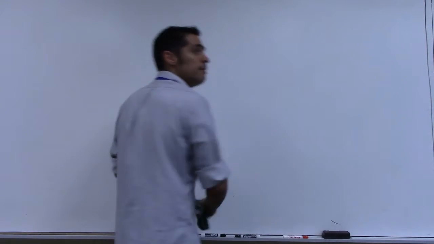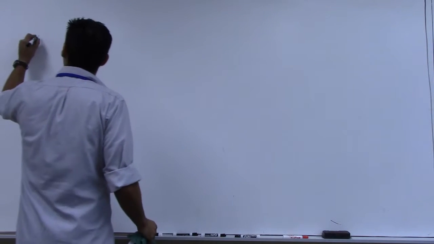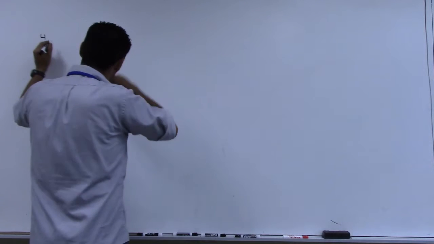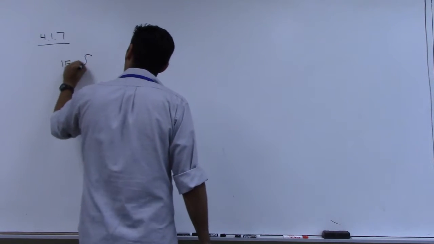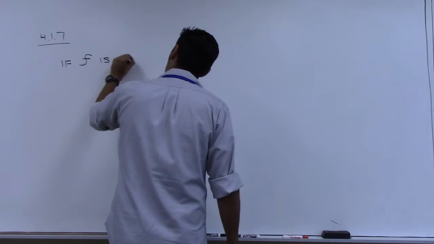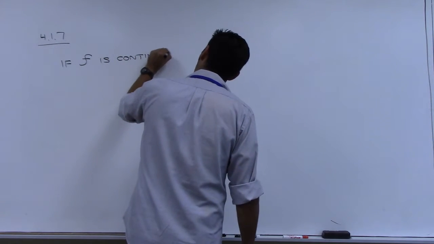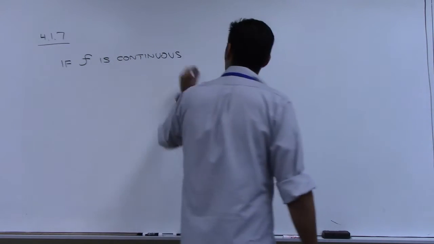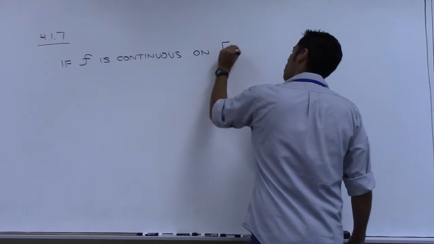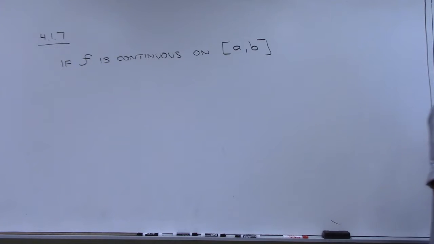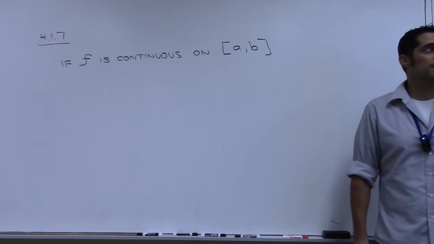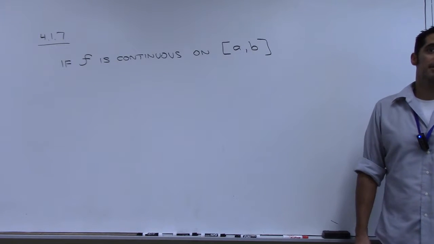The extreme value theorem says, this is 4.1.7 in the notes, if f is continuous on a closed interval [a, b], then f attains both an absolute maximum and an absolute minimum on that interval.